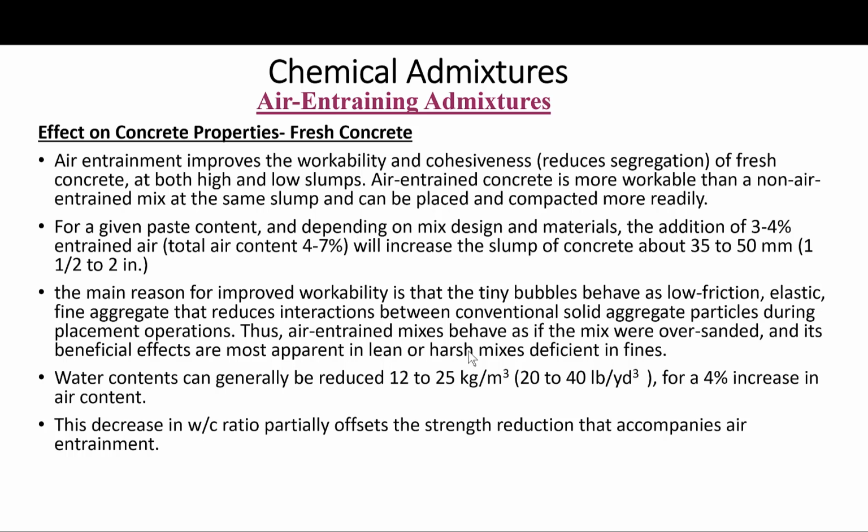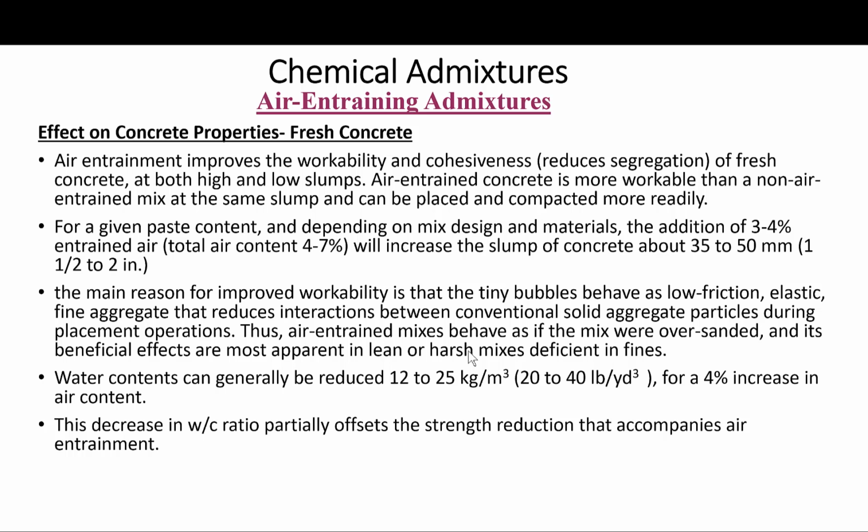Okay? So rather than using air-entraining agents to increase a slump, it is more common to reduce the amount of sand and water required to produce a desired slump. So water contents can generally be reduced by 12 to 25 kilograms per cubic meter for a 4% increase in air content.